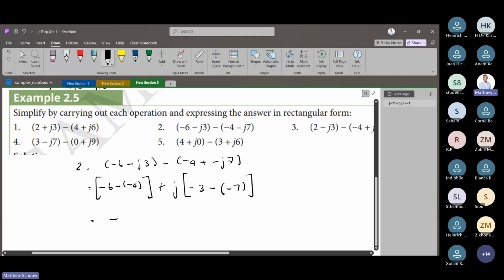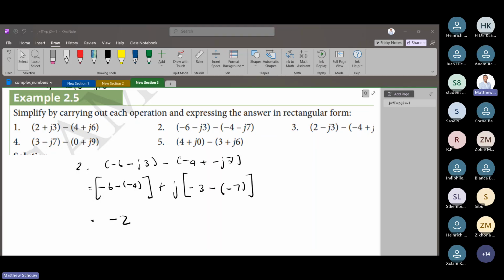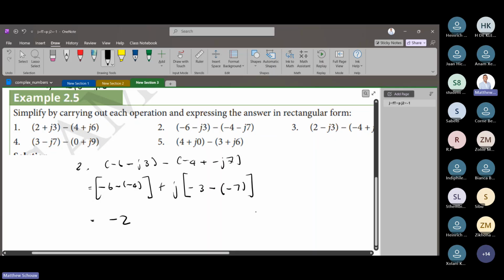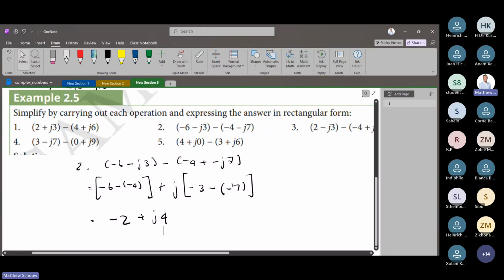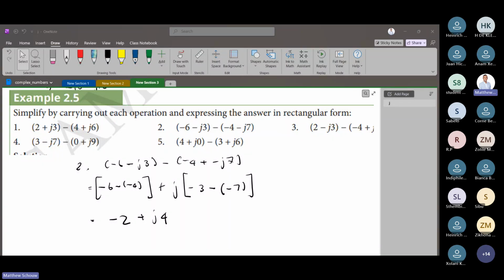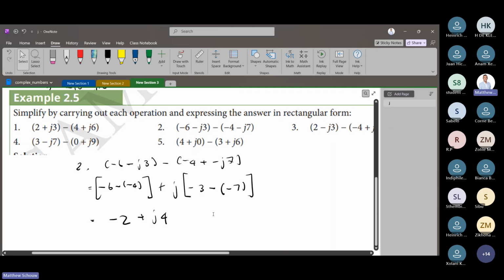Am I right? And the other one would result in a plus 4. So j plus j4, because minus 3 plus 7 will give you 4. We're all content with that. And you see how the signs work.